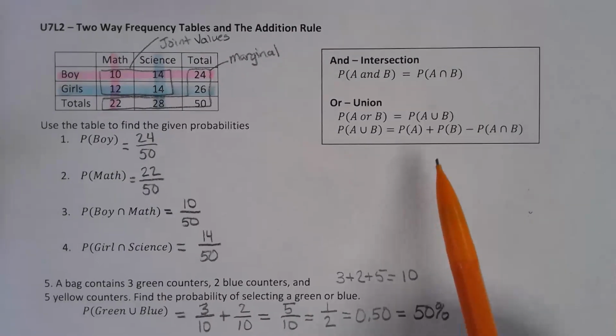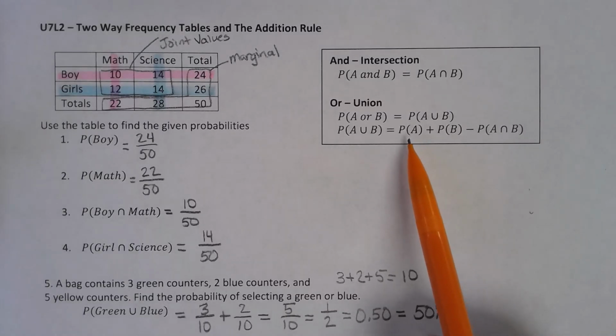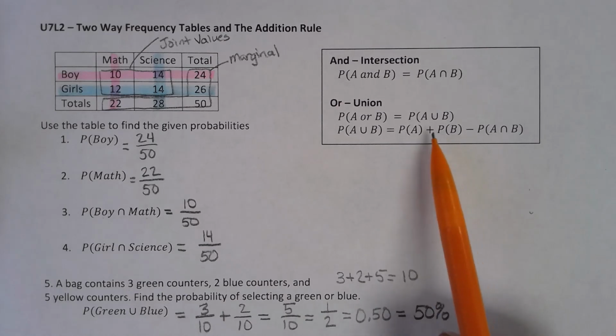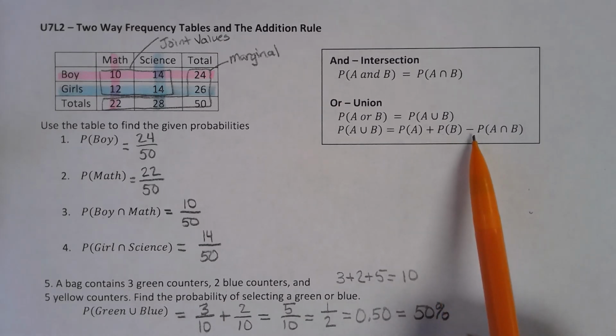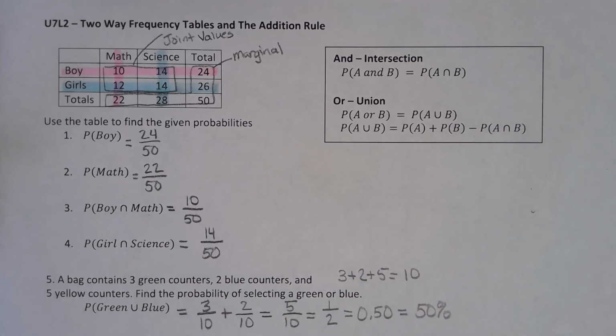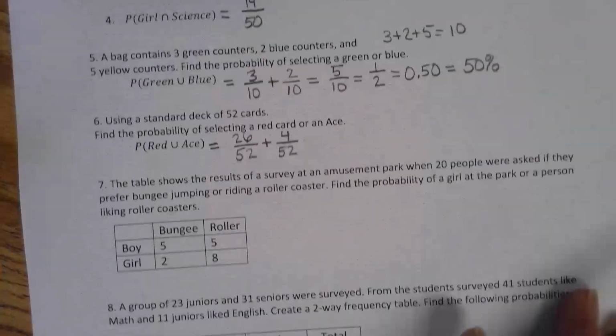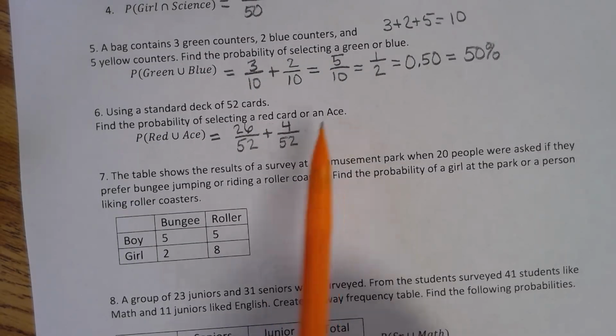Well, notice here with our union, an or statement, we are going to add the probabilities of each event happening, but then we also have to subtract their intersection. So when they both occur, so in this case, a red card can be an ace at the same time.